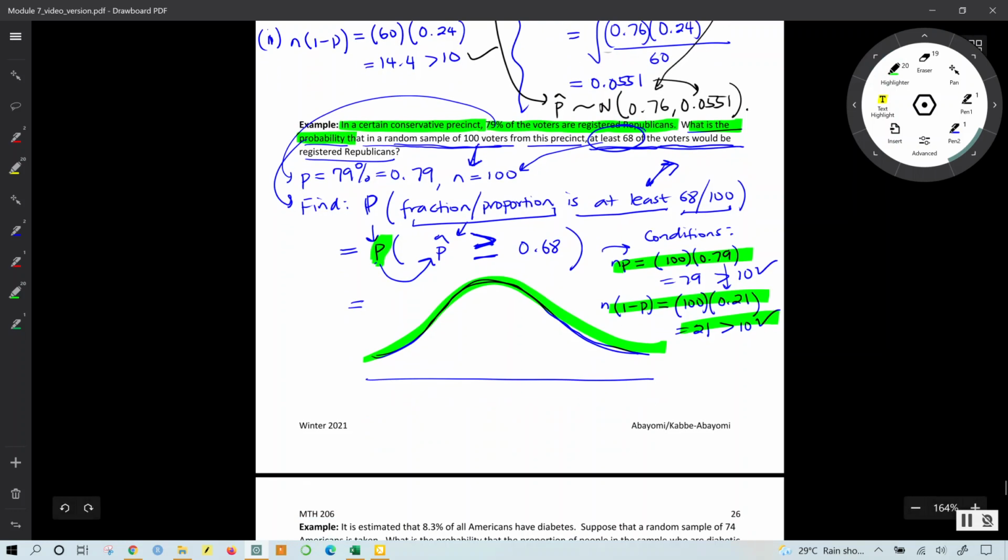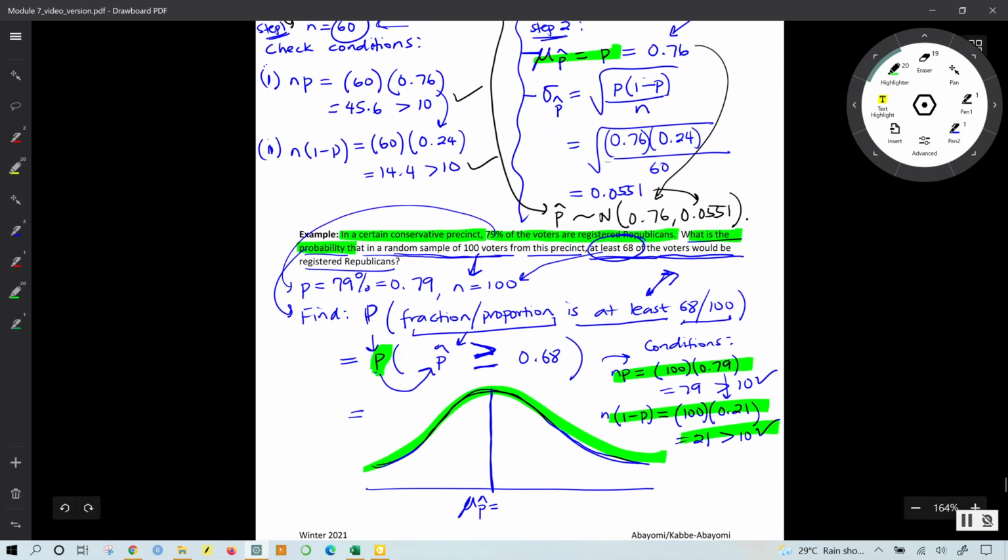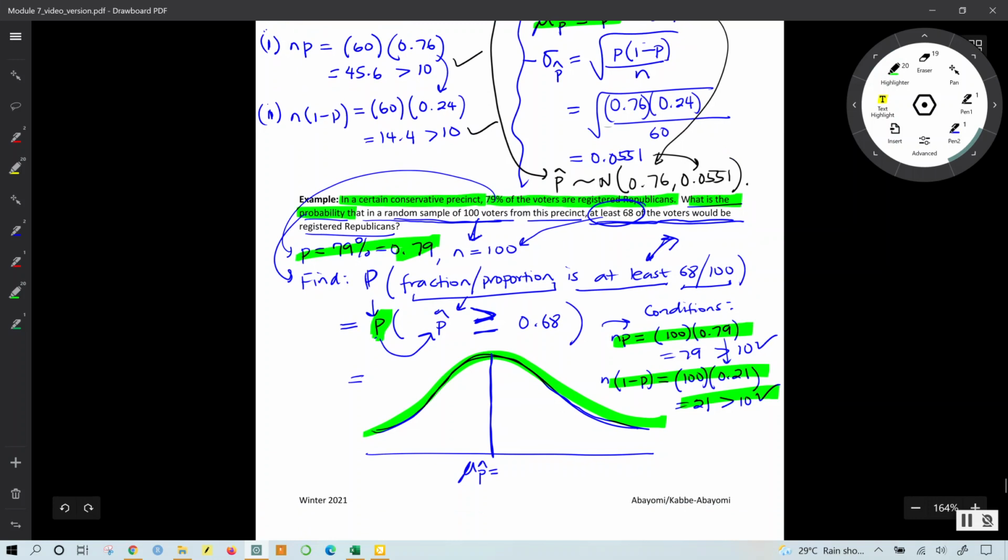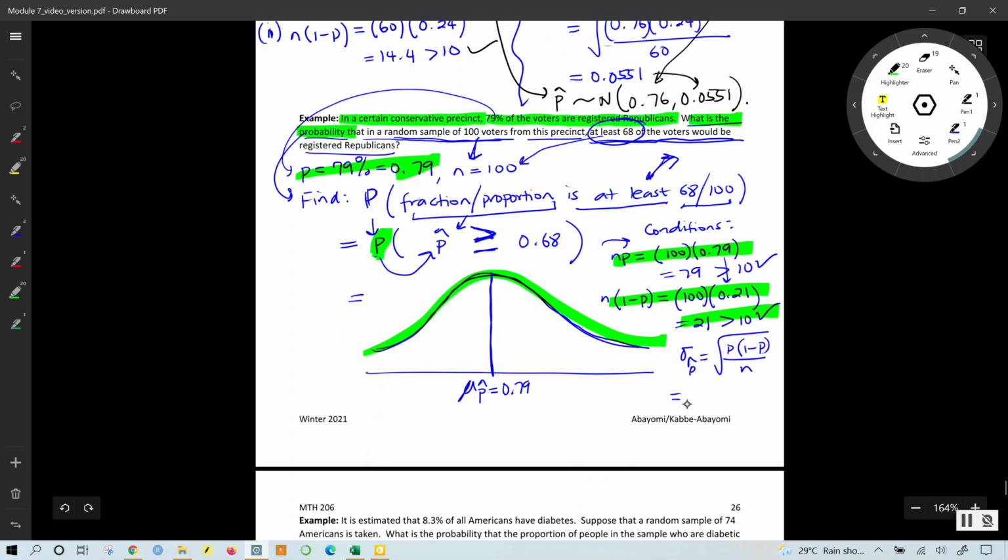Well, I will need then the mean of p hat in this case. The mean of p hat from the formula we have established earlier is always equal to p. That will be equal to 0.79 right here in the middle. And then the standard error of p hat will be the square root of p times 1 minus p all over n. So this will be equal to the square root of 0.79 times 0.21.